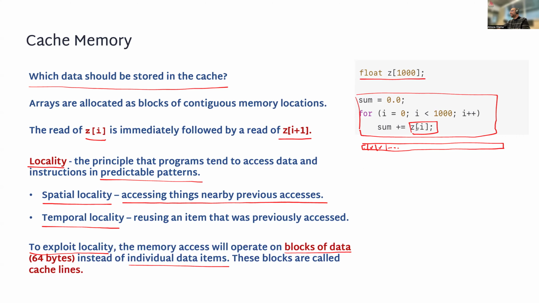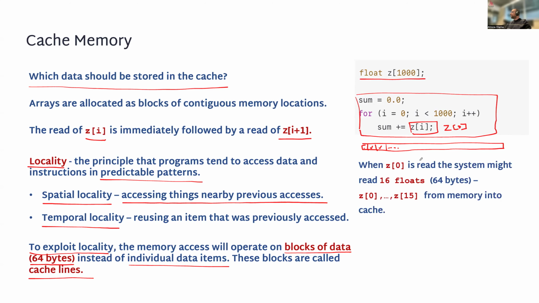So here, for example, instead of only fetching Z0 into the cache memory, we fetch a block of data into the cache memory, right? And this block of data is called a cache line. Usually in some systems, it's about 64 bytes. So instead of fetching data items one by one, you fetch a block of data items, for example 64-byte cache lines.